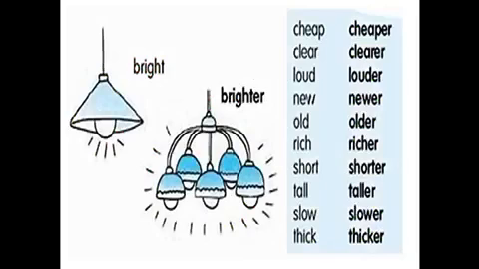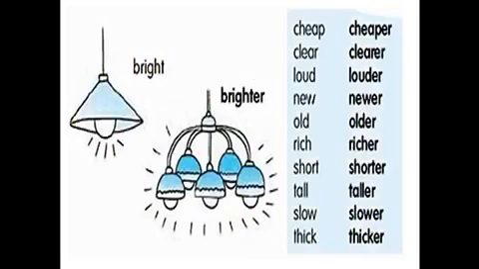Look at these words here. We have examples of the comparative adjectives and how they change. Some adjectives, do they change their words? Some adjectives do not change with the addition of er to the end of the word.